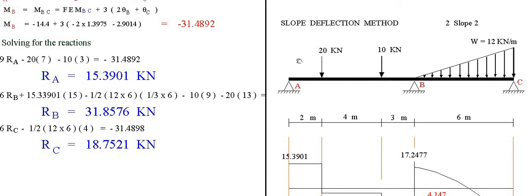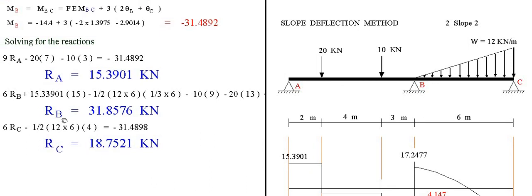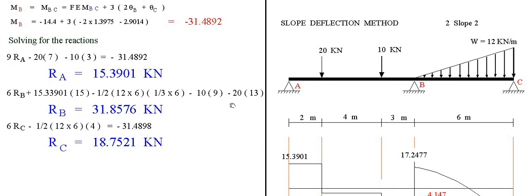So RC times 6, opposite the direction, clockwise here, counterclockwise here, with respect to B. So minus 1/2 of 12 by 6 times 4. 2/3 of 6 is 4.